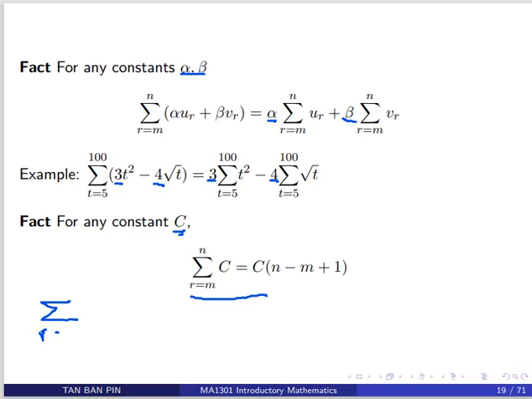If you consider summation R from 1 to N, 1, this answer is just N. And you can also have this result, summation 1, R from M to N, is actually N minus M plus 1.